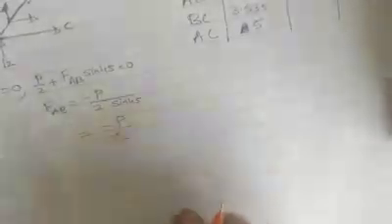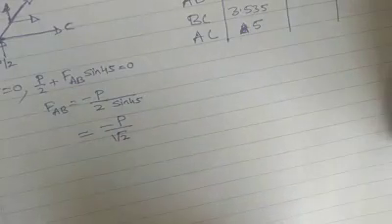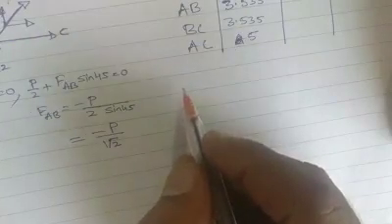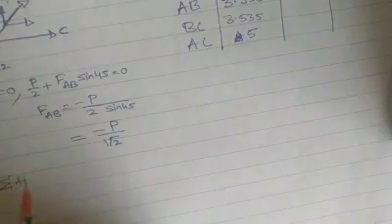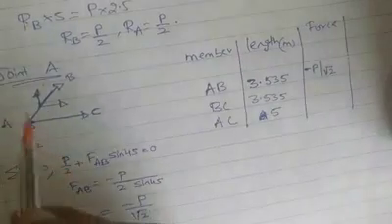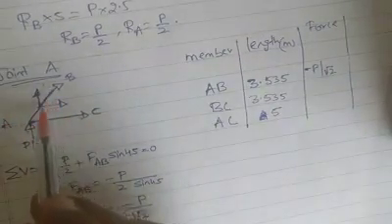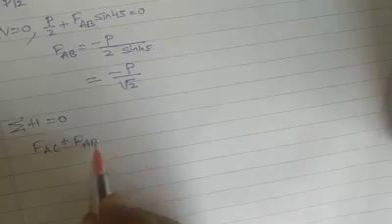Now we will go for sigma H equal to 0, horizontal forces. So what we are having, FAC and FAB cos 45, same direction, plus FAB cos 45 is equal to 0.